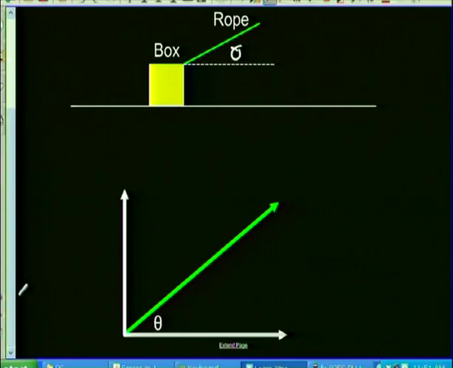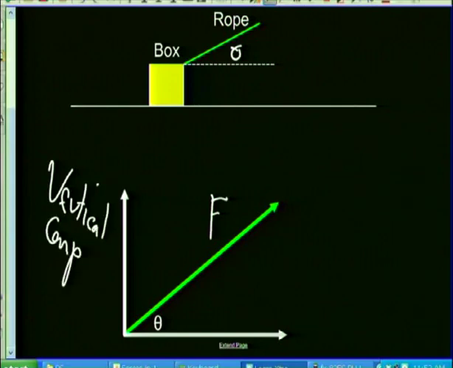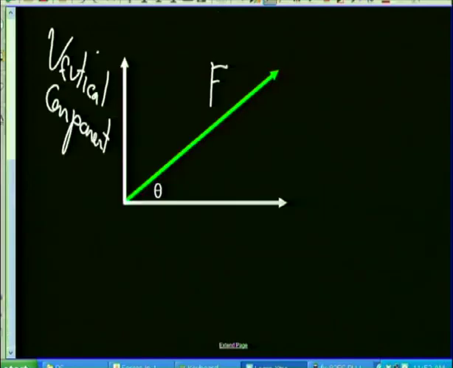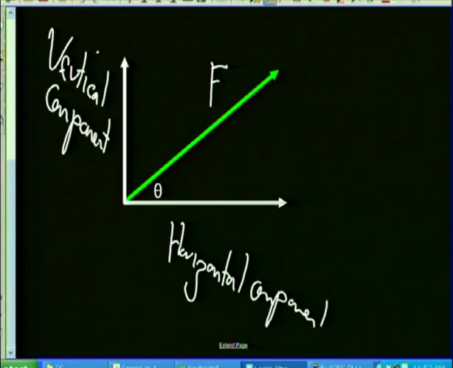What I'm going to say to you is that this part, which is the actual force, can be broken apart into a vertical component plus a horizontal component. Now, say to me, how do you know that?